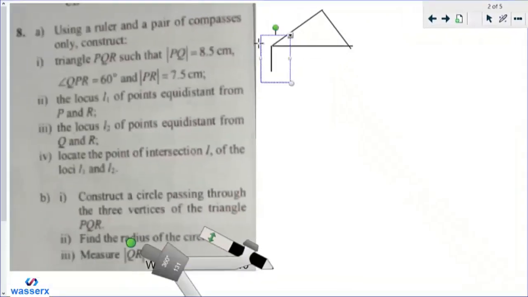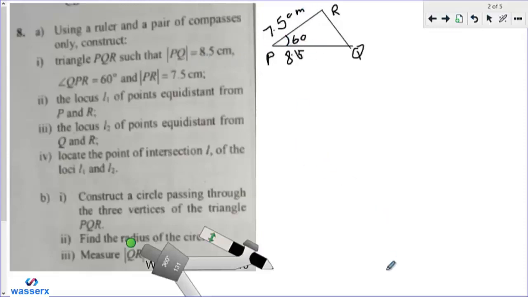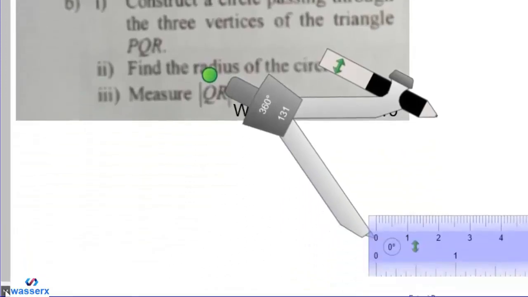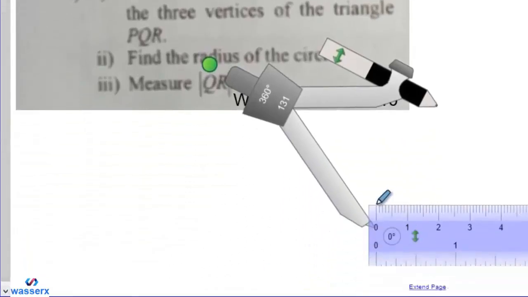Now we're told that line PQ is 8.5 centimeters, and we know the angle over here is 60 degrees. Then we also have this measurement to be 7.5 centimeters. So the sketch can now give us a pictorial view of what we are going to do.